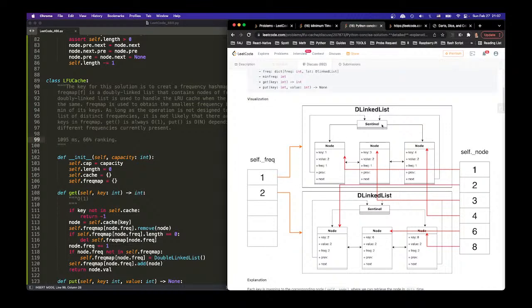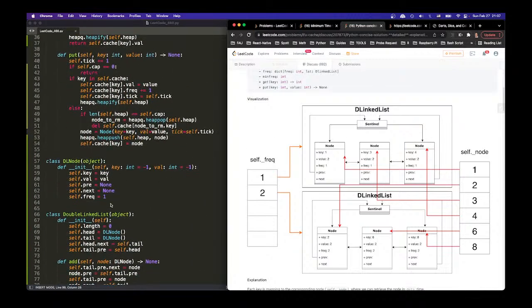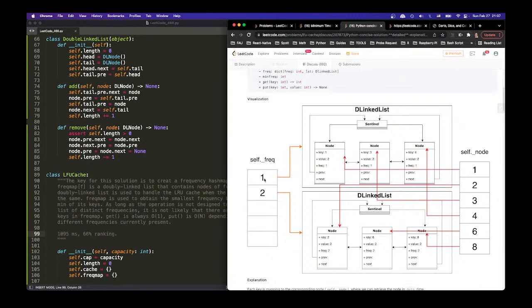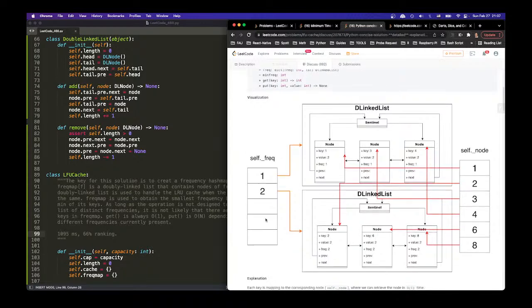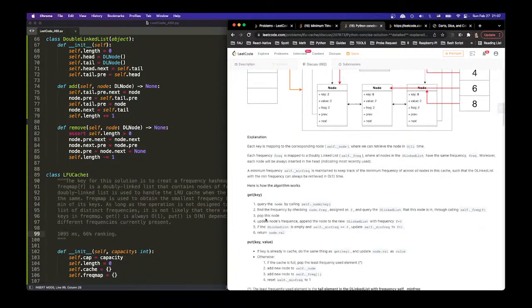I have a different way to do this. Frequency. Yeah, I do have the frequency because I needed to know which list this one belongs to. How do you update the min frequency though?